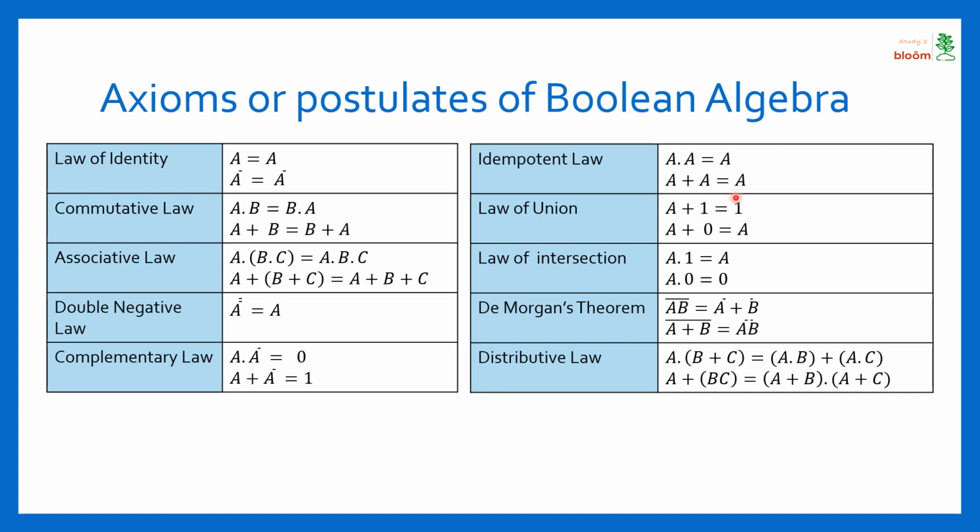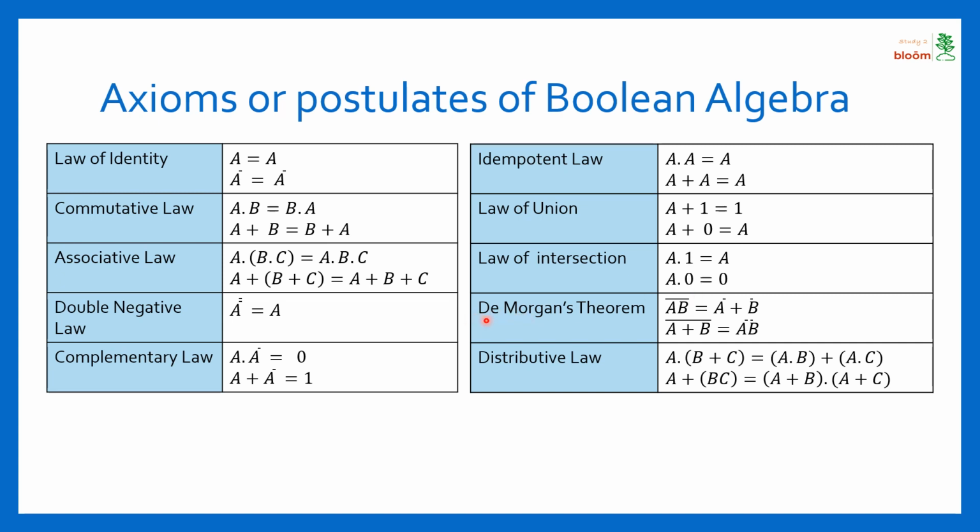Anything added to 1 is 1. If 0 is added to any Boolean variable, it's like there's no 0, it's the same Boolean variable. In the law of intersection, A and 1 equals A, but A and 0 is 0.